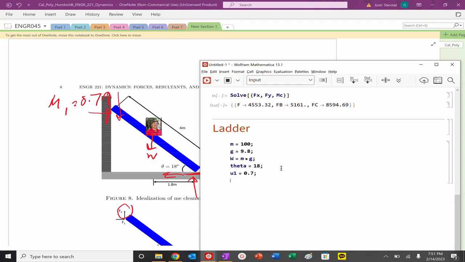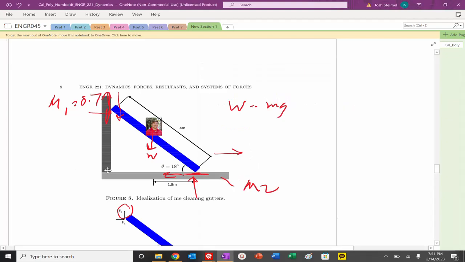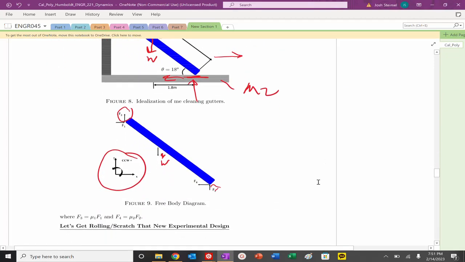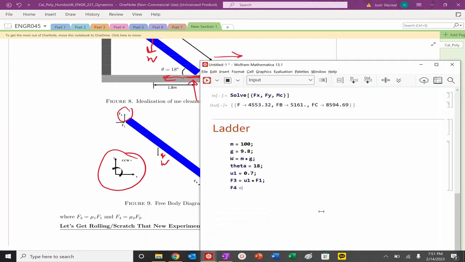I also know that my F3 is equal to mu1 times F1, and my F4, you can see that over here, let's scroll down, is equal to mu2 times F2. I think those are all the knowns so far.